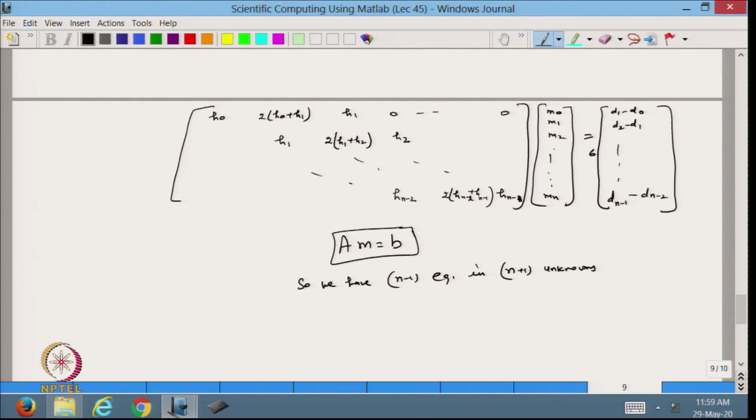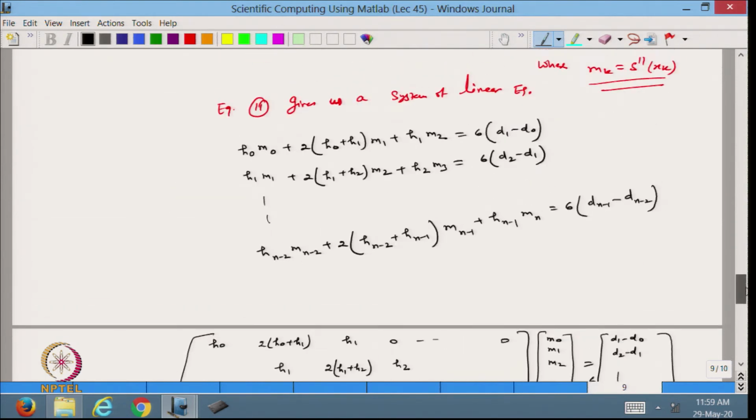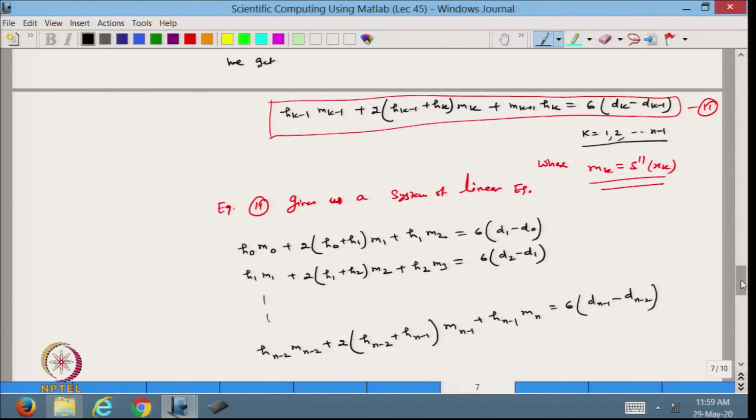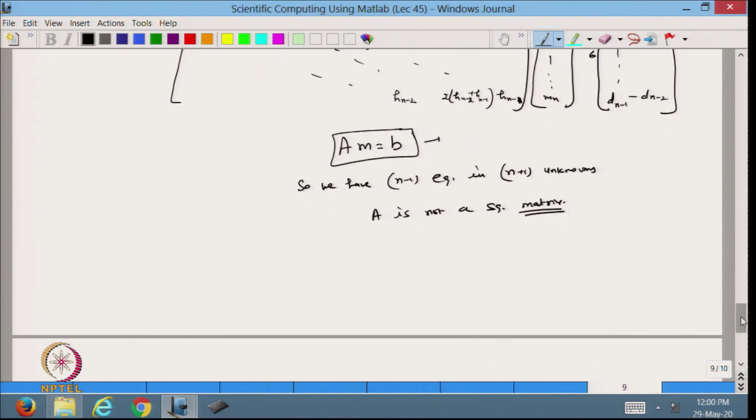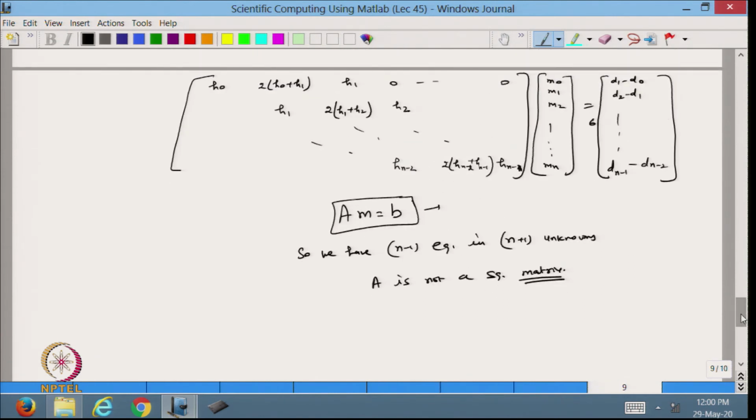So, these n plus 1 unknowns are there, and the total number of equations depends upon how many conditions we have, so that is n minus 1. So, we have n minus 1 equations in n plus 1 unknowns. So, this is a rectangular system, and from here I can say that A is not a square matrix. So, how will I find the solution? That depends upon the extra 2 conditions we have to add.